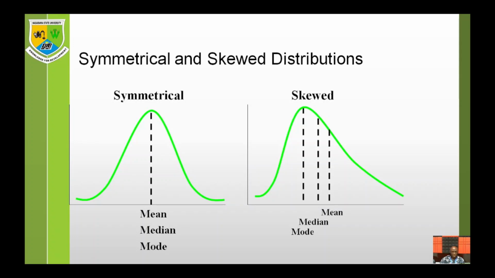One of the first things we talk about is a line graph, and here is figure 1 showing a line graph. And in this line graph, we have tried to show two types of it. One that is symmetrical, meaning that the mean, the median, and the mode are on one point.